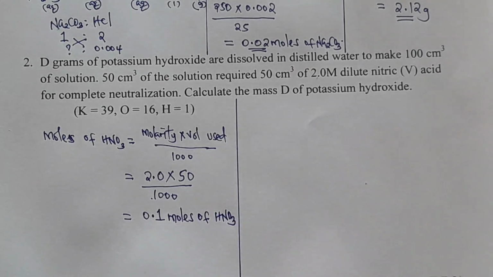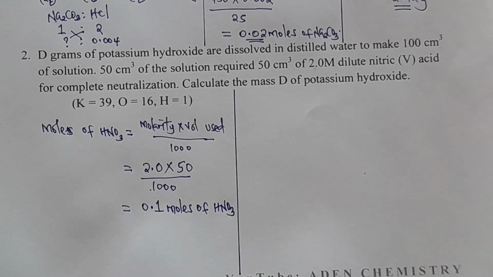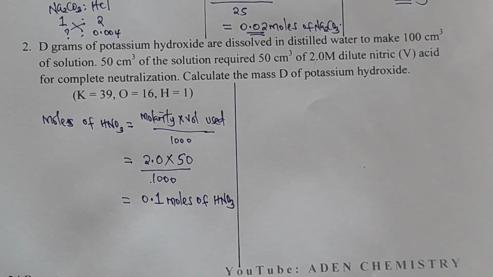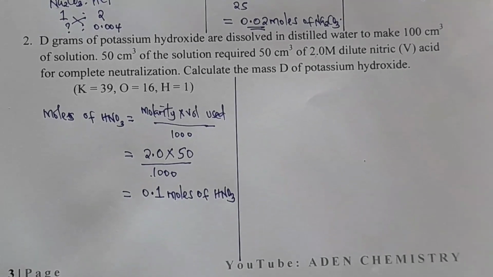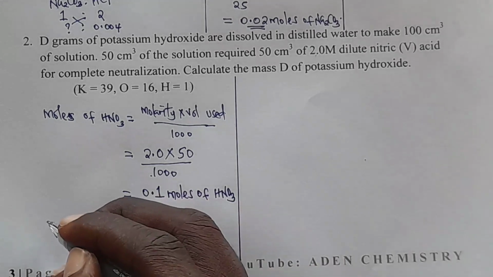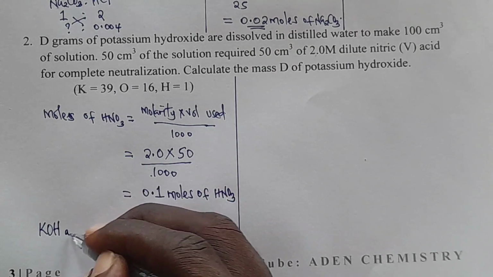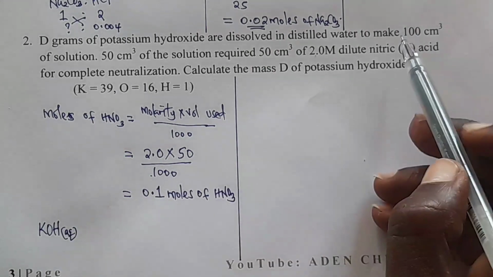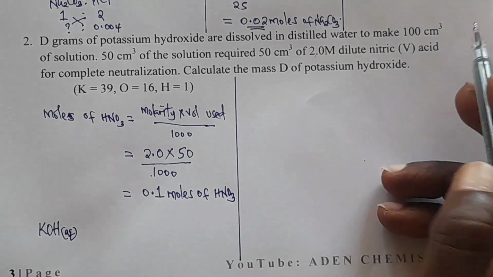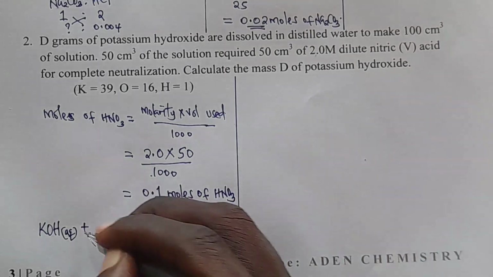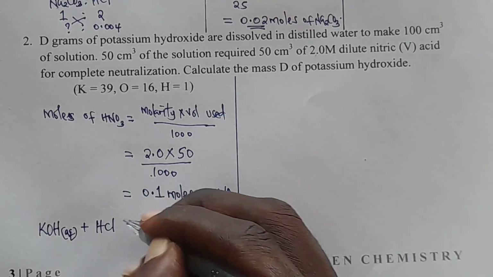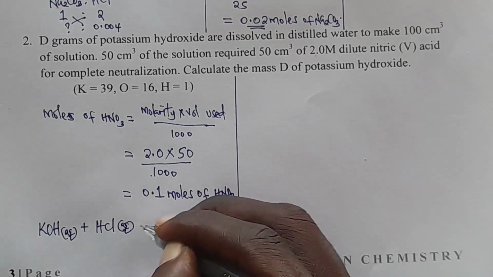So next we are supposed to get the number of moles of the potassium hydroxide by using the mole ratio. So we have to write the reaction between potassium hydroxide and the nitric(V) acid. We are going to say potassium hydroxide aqueous, because it has been dissolved in 100 cm³ of solution, plus hydrochloric acid, HCl, aqueous.